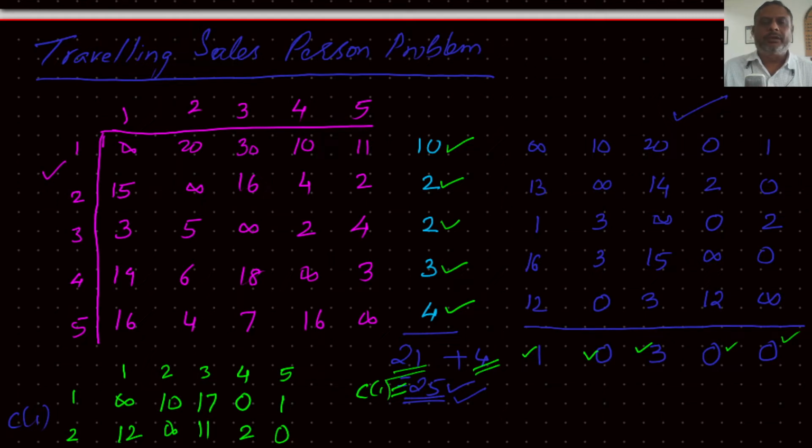So at the beginning, for the first node, we have a cost of 25. Let's begin our journey. That's our node 1. From here, we can go to 2, we can go to 3, we can go to 4, we can go to 5.